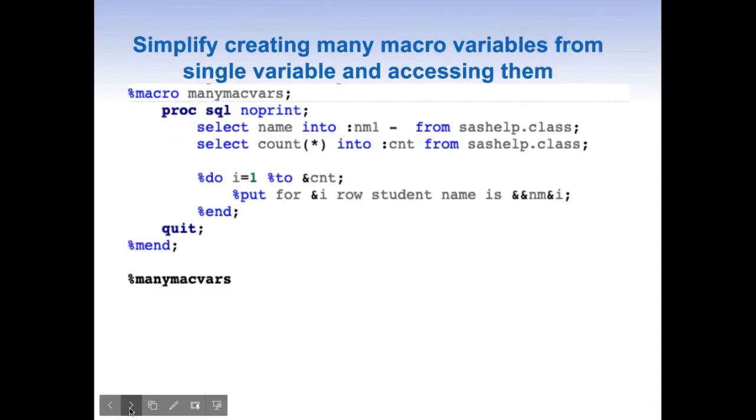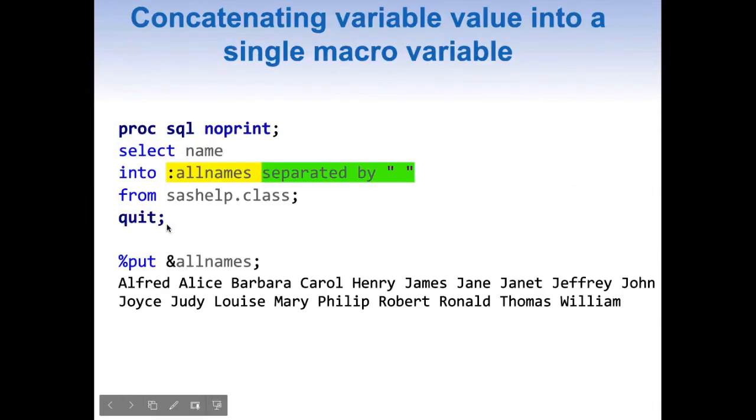Now let us see how we can do that. This can be simply done by using the following code: select name into :all_names. This is my macro variable, and this style we have been using previously. We are creating only one macro variable, and also we are saying separated by space.